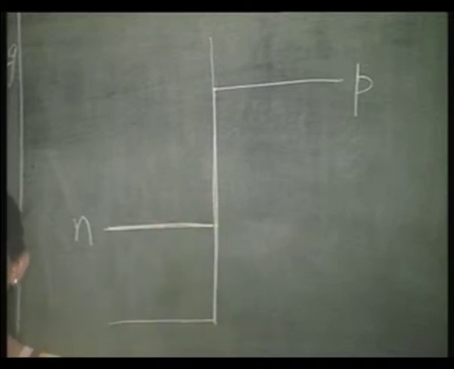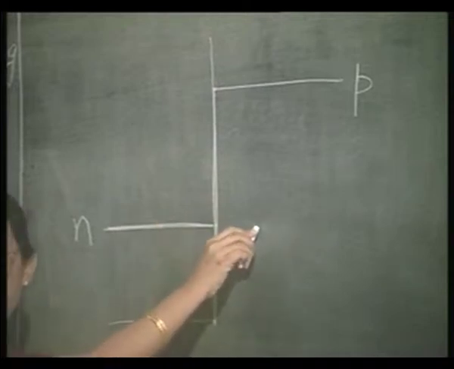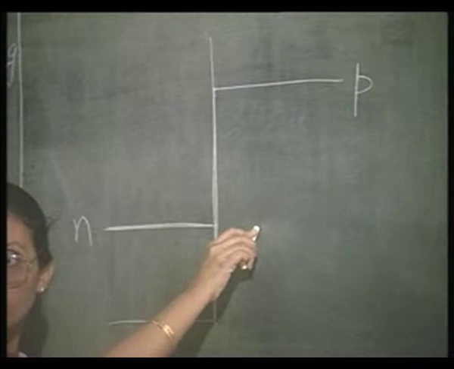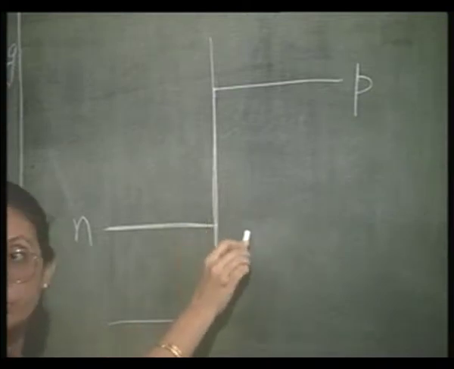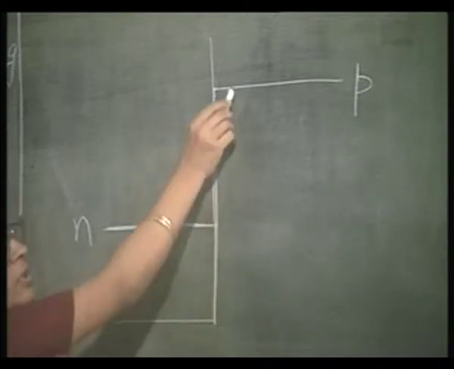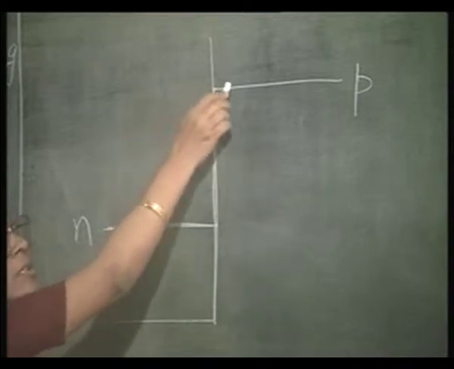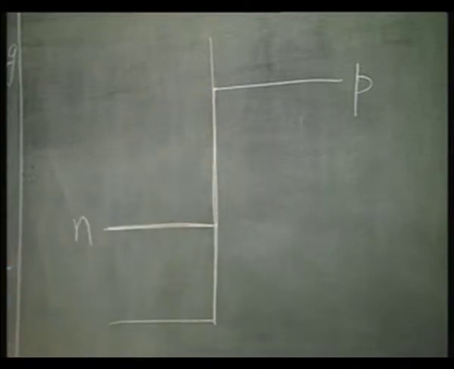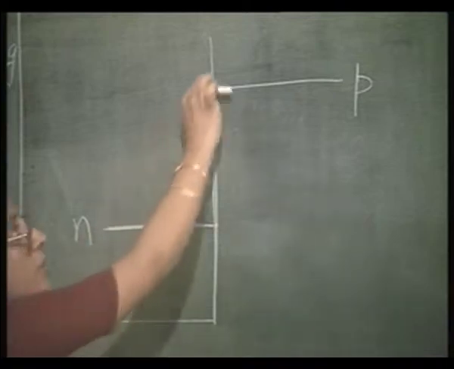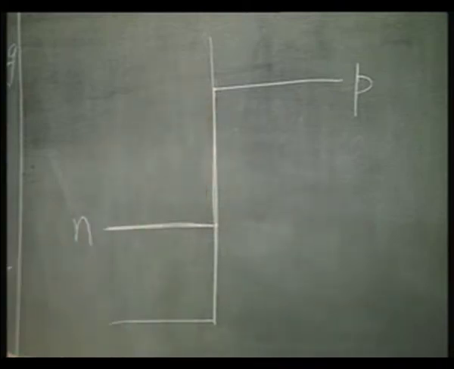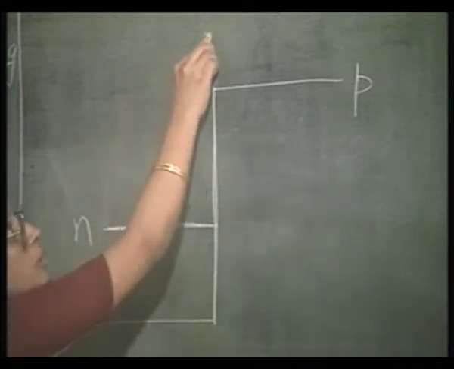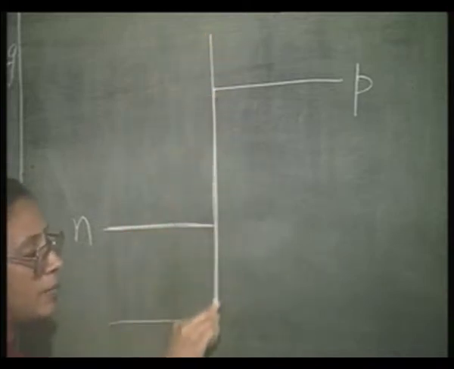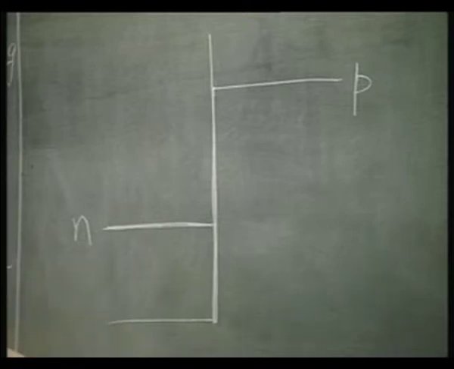Across this boundary, on this side the concentration of n type dopant is small, therefore it may try to diffuse in here, and across the boundary on this side the concentration of p type dopant is small, therefore the p type dopant will try to diffuse in here. Therefore, even though ideally I have shown the boundary like an abrupt straight line, it will not actually be like this because of both these effects.